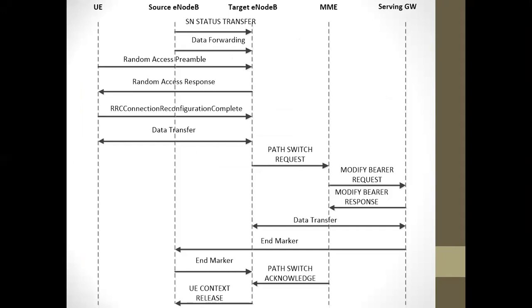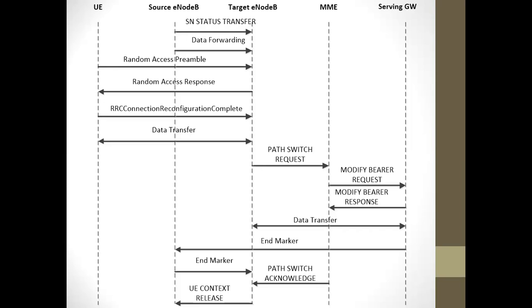So they cannot take care of the PDUs which are not transferred in the pause period, the period before you establish the new connection at the new cell. I mean, you lose connection to your old cell, and after a while, you establish a new connection.